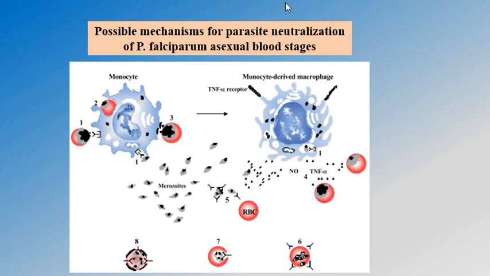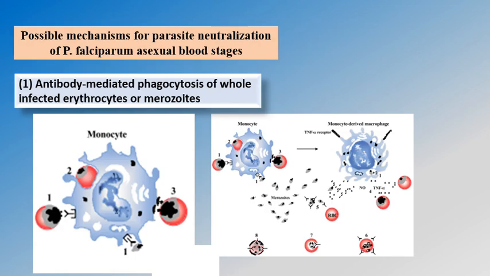As can be seen here in this slide, there are several mechanisms that mediate killing of malaria parasites, and these mechanisms could be antibody mediated, or cell mediated, or due to cooperation between antibodies and cells to mediate killing of the malaria parasite.